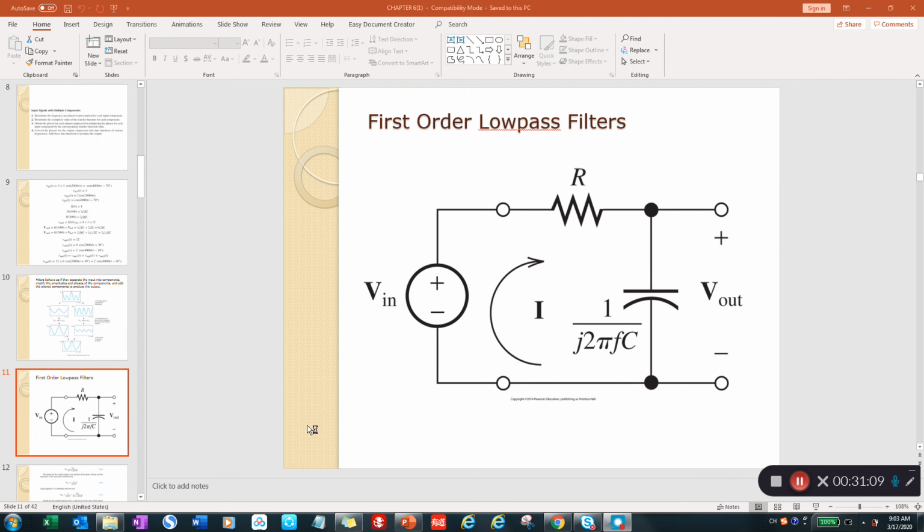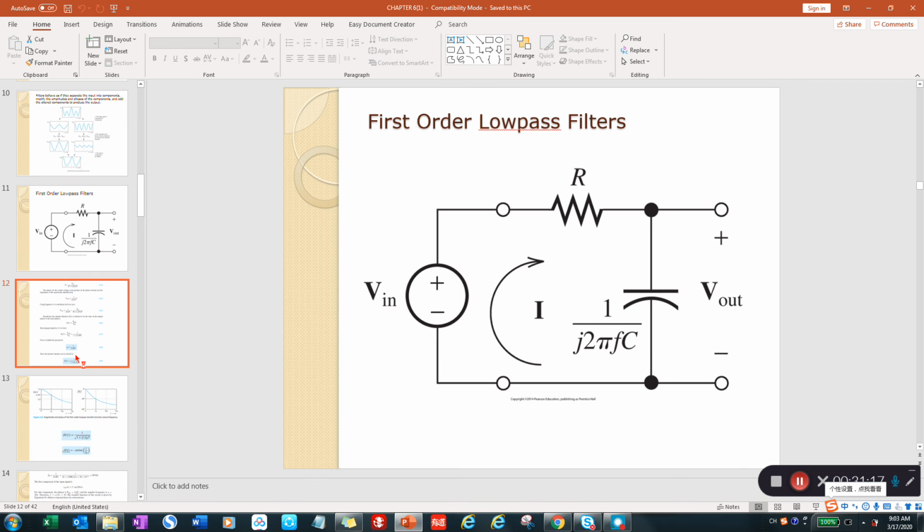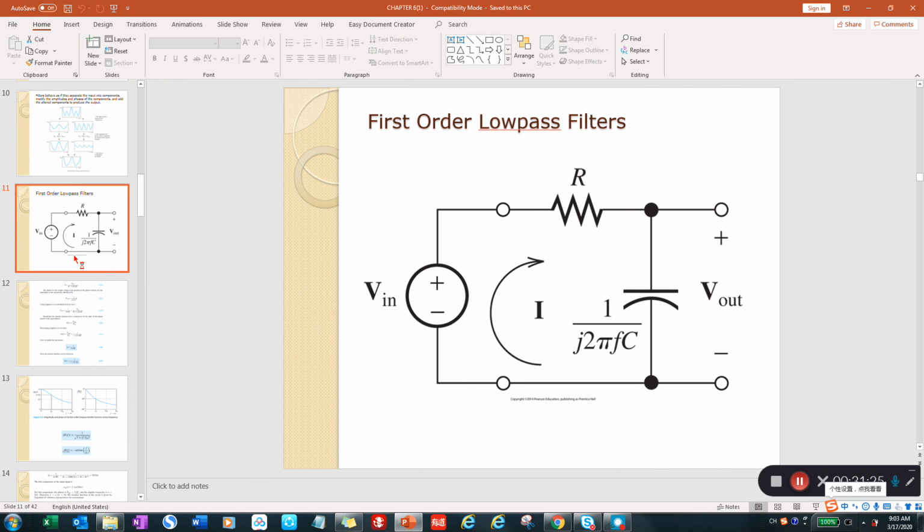So first, we need to figure out the transfer function of this filter. We know that the definition of the transfer function is the output divided by the input. So that will be the output signal divided by the input signal. Then, from what we learned before, we can figure out the current.